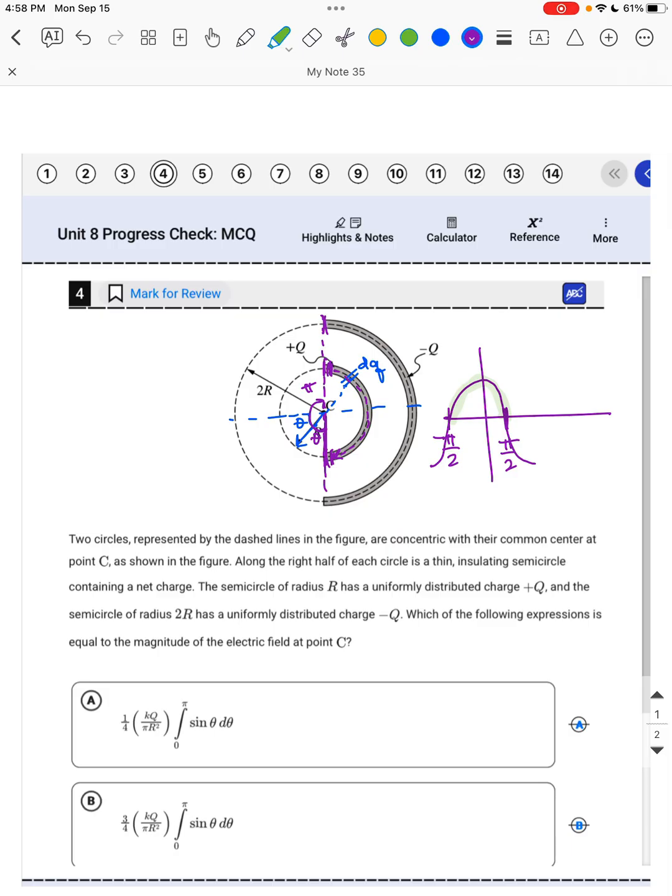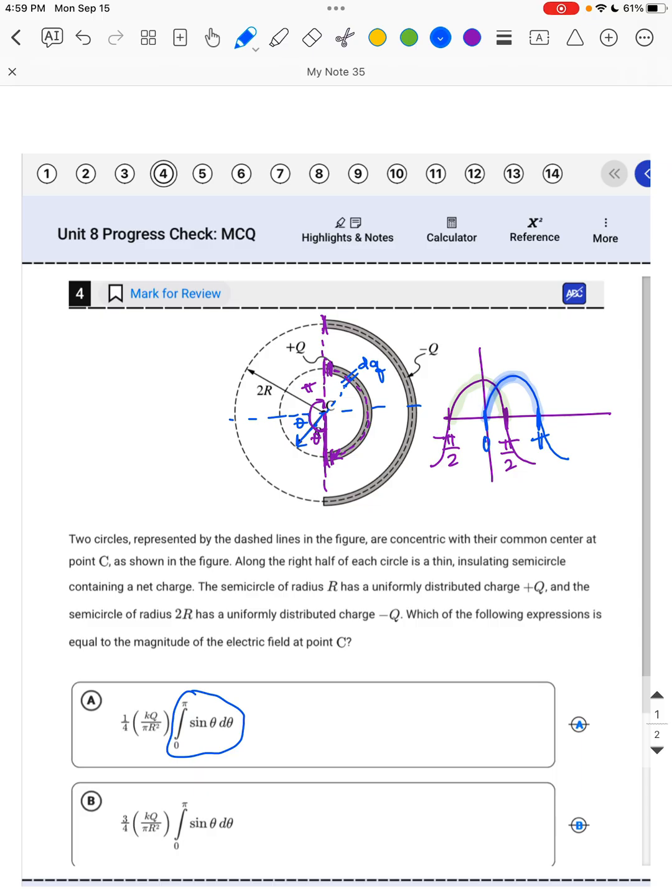If I were to look at a sine graph, it is going to start at 0, and that same positive concave down hump is from the limits of 0 to pi. So that's where we can show that relationship: cosine from negative pi over 2 to pi over 2 is the same as sine from 0 to pi.